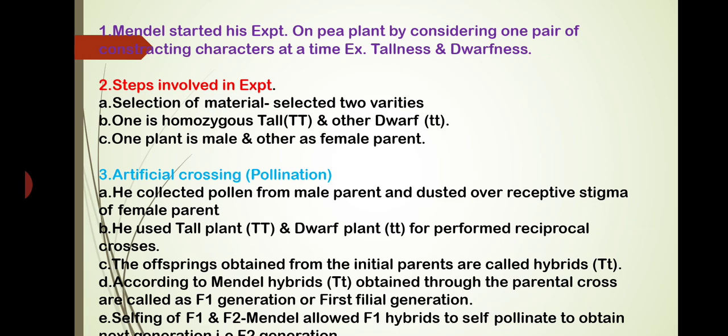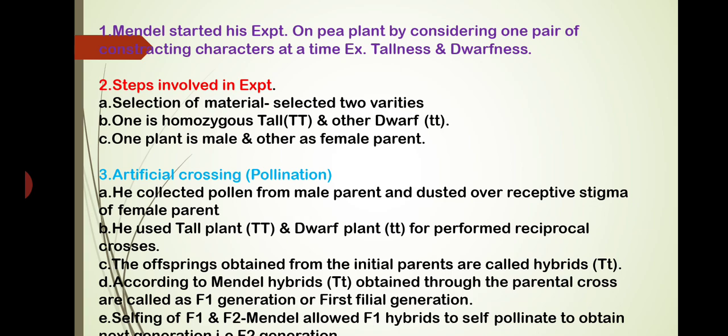First is selection of material, which means the plant is selected in 2 varieties. One is homozygous tall, which is dominant, that's why written as capital T, and the other is also homozygous, but this is recessive, that's why it is written as small t. One plant is male and the other plant is female.